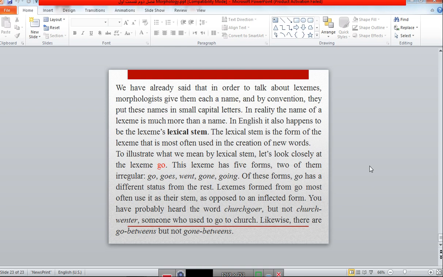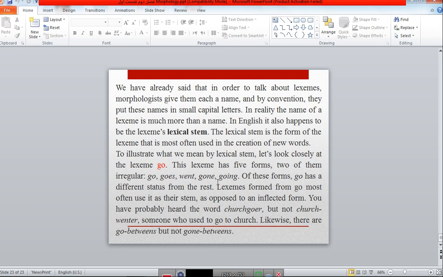To illustrate what we mean by lexical stem, let's look closely at the lexeme, for example, GO. Okay, this is one lexeme. This lexeme has 5 forms, 2 of them irregular. Okay, look at these words: go, goes, went, gone, and going. Of these forms, go has a different status from the rest.